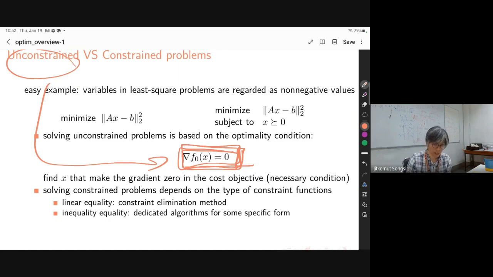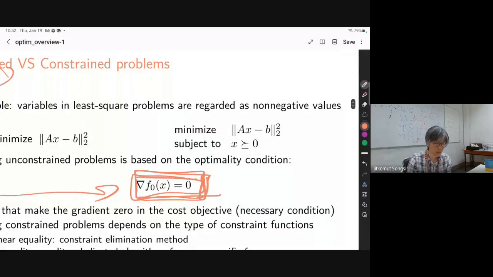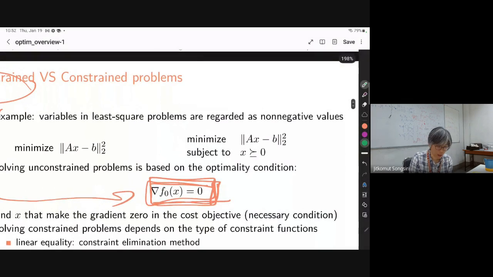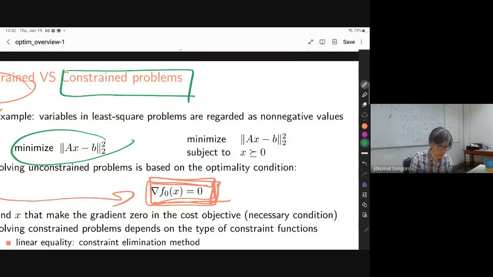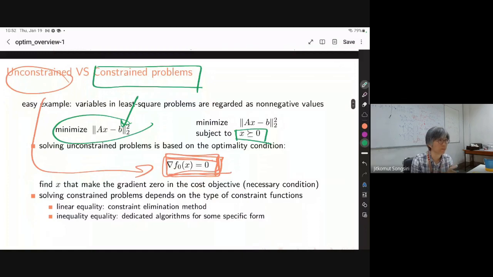Now, to make a very clear description of what happens when you have a constraint, for example, this is the unconstrained one, the least square problem. If you only add this one constraint, that x is non-negative, the first thing is that the solution is not the same, right?